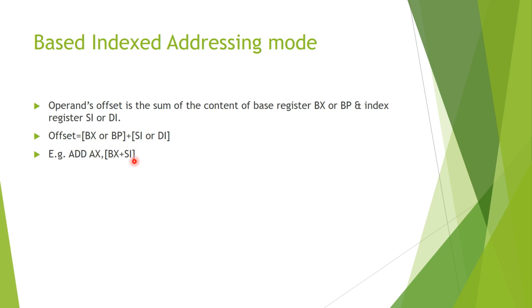So this can be written like this, BX plus SI. The offset will be calculated from the contents of BX and SI, then it is again used with the data segment register to generate the 20-bit physical address. Again we have to access two consecutive memory locations because we have to perform the operation on 16-bit data.